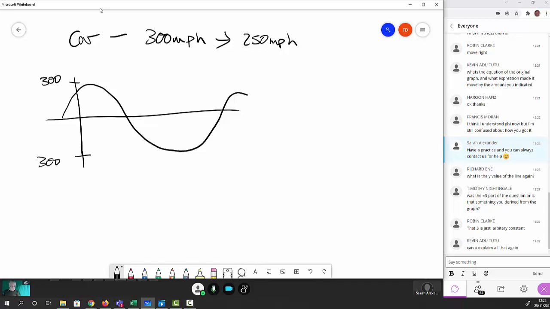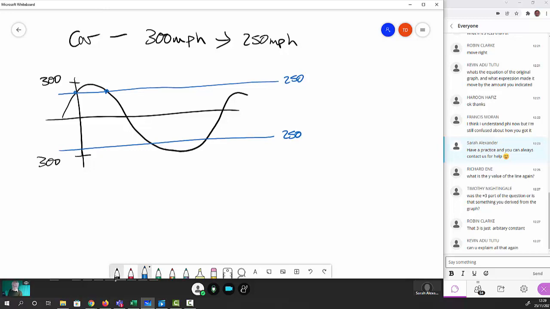Okay, but what you want to do is say, I don't want it to go that fast because I don't want to destroy the engine, it costs me loads of money. So I'm going to draw a line sort of there and there, which is 250 miles an hour. That's the power output of the engine. So what you're actually saying is that I want to know where these points are so that I can make sure that I don't exceed those values.